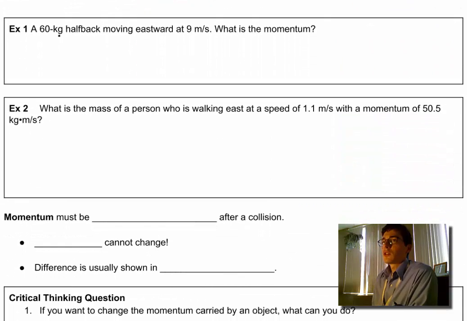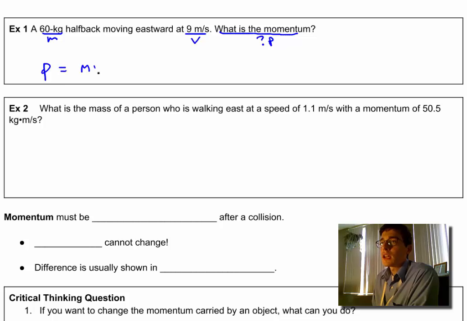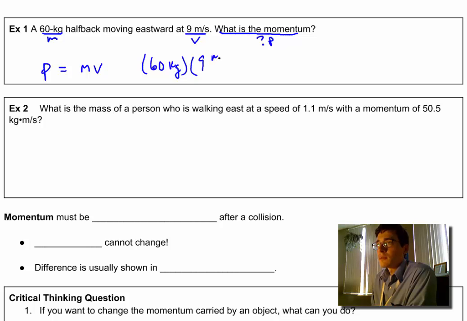So if we look at a couple examples, let's scroll down here. If you have a 60 kilogram halfback, so this is your mass, moving eastward at 9 meters per second, here's the velocity. What is the momentum? So this is P. Remember, P equals mass times velocity, and we plug in our variables. So P equals 60 kilograms, include your units please, times 9 meters per second. 60 times 9 is 540.